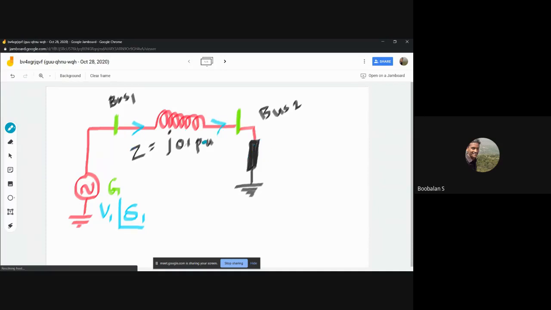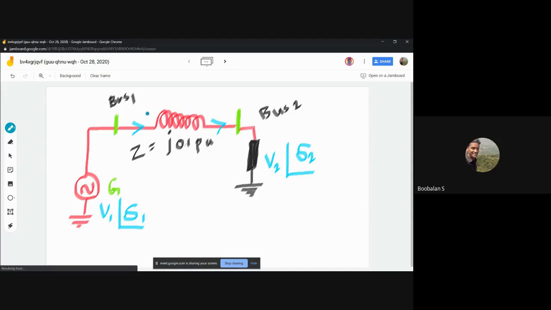And definitely there is a line impedance, so the line resistance is present. Due to this, my receiving end voltage is going to be somewhat different. It is not equal to V1. We already know V1 and V2 will definitely be different because of my transmission line, and angle del 2. So these are the unknown variables: V1, V2, del 1, del 2.